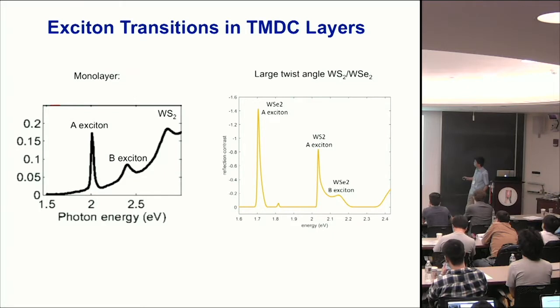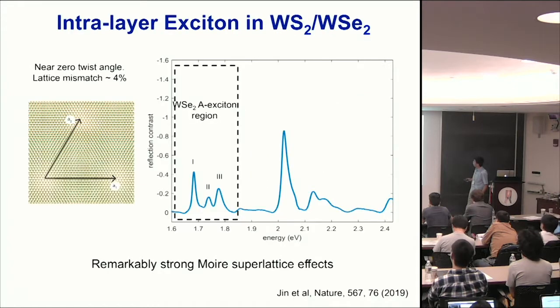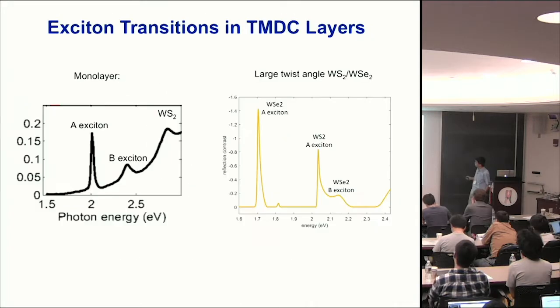So you can see well-defined WSe2 exciton peak and the WS2 exciton peak. But once you have the Moire superlattice, when the twist angle is small, you can see things change quite a bit. The spectrum is very different from large twist angle. The most striking feature is at the lowest energy peak. If I flip here, you have a single WSe2 A exciton when you have a monolayer or large twist angle.